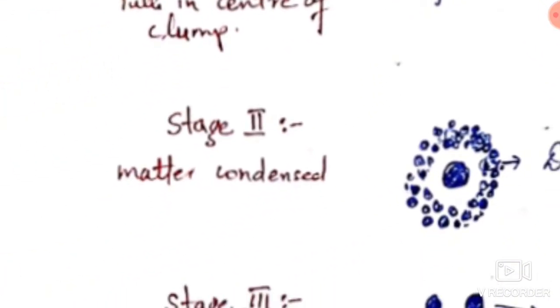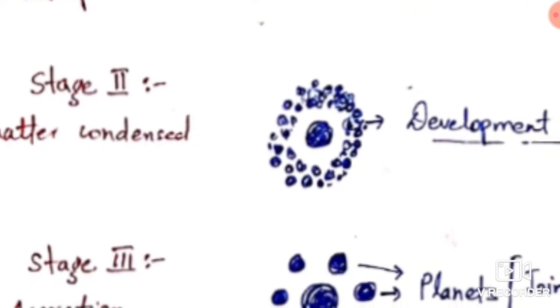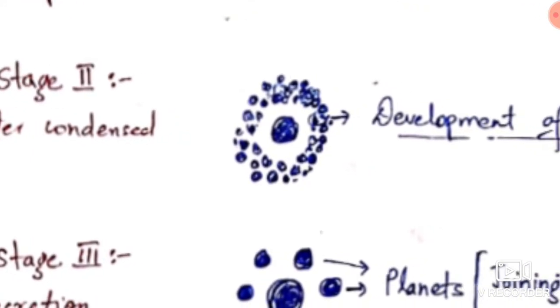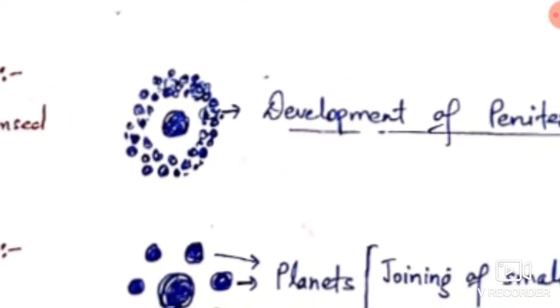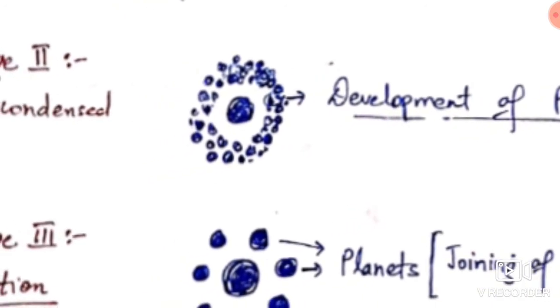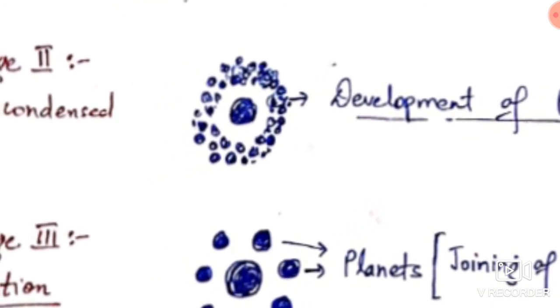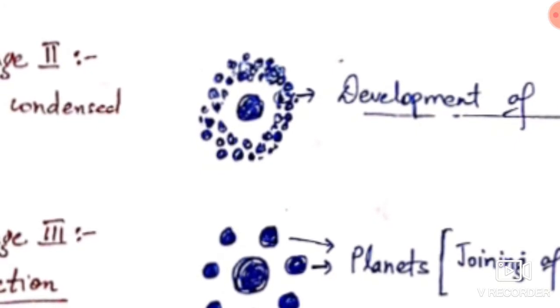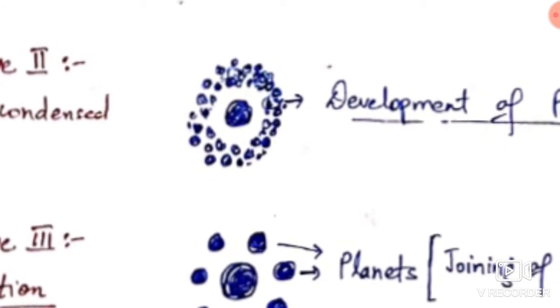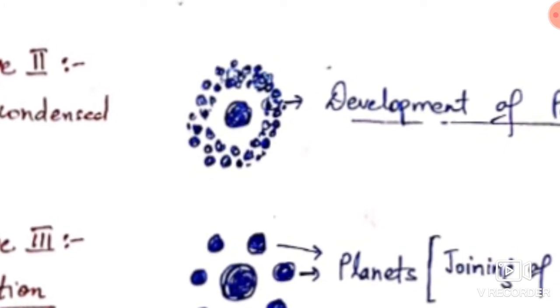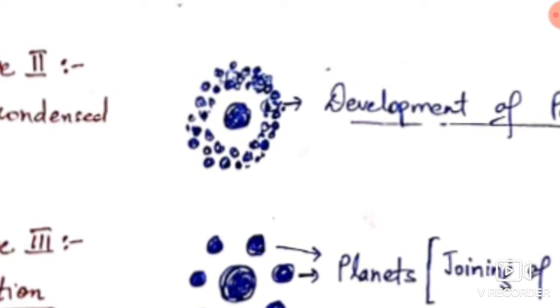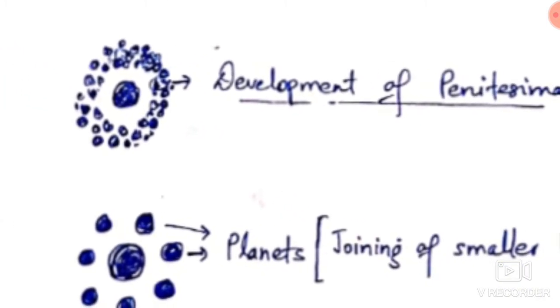In the second stage, matter condenses for the formation of planetesimals. It condenses because of the process of cohesion. The molecules of the gases are attracted to each other, forming small rounded solids, which are called planetesimals.